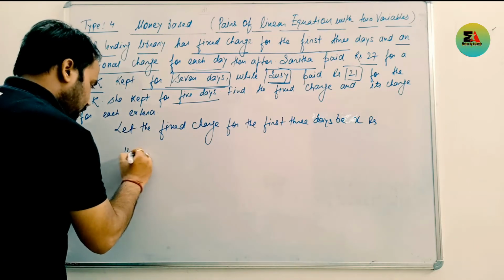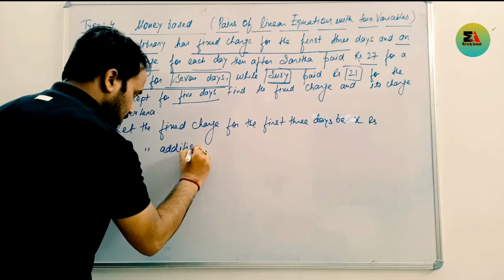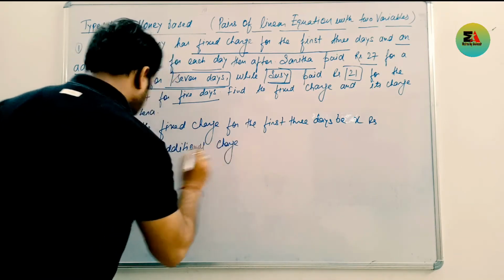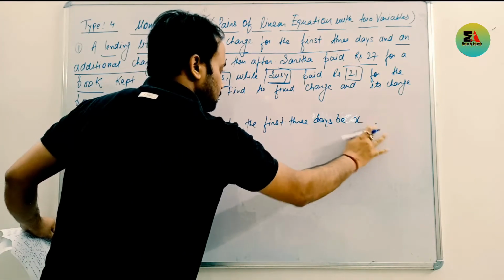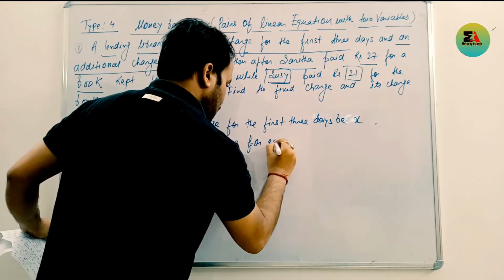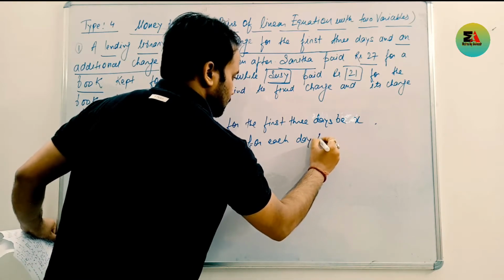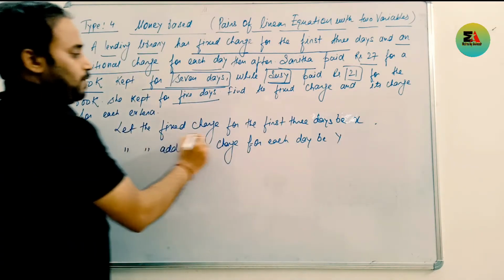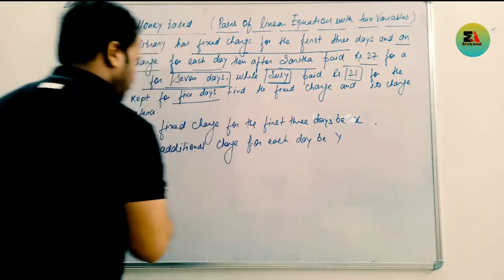And let the additional charge for each day be Y. First, we assume the fixed charge for the first 3 days will be X and the additional charge will be Y.